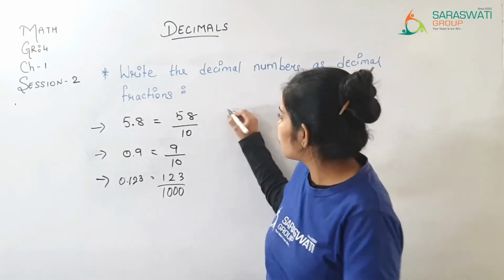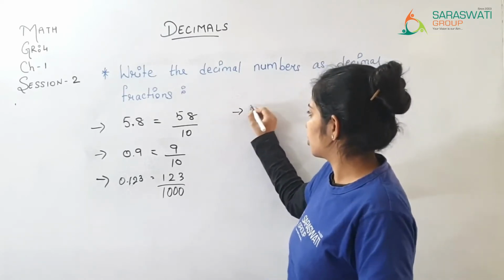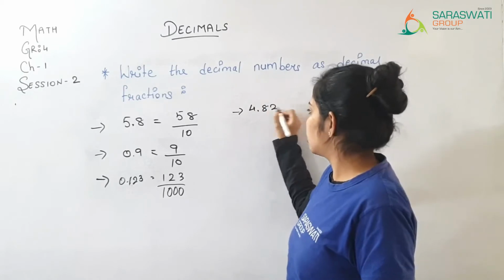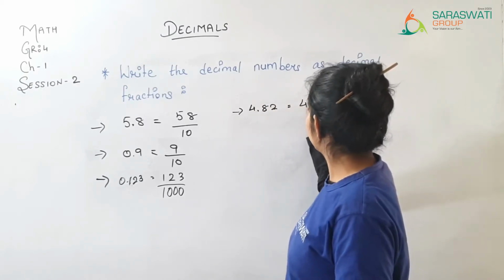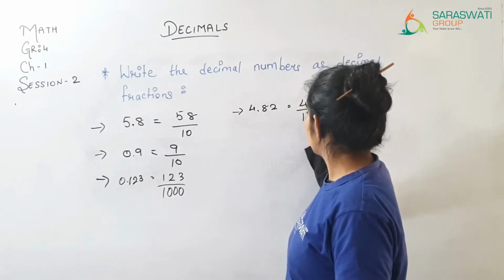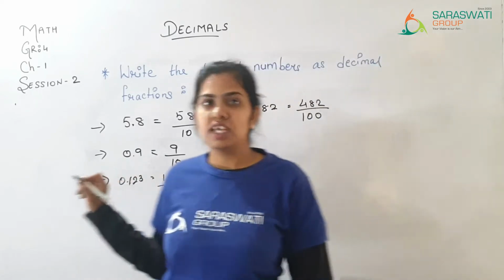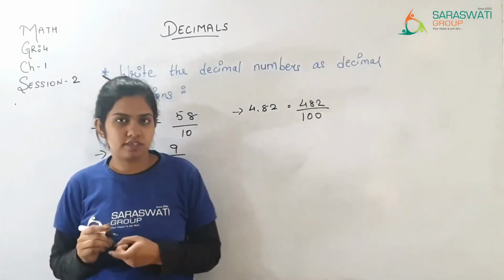Now it is 4.82. How many digits? 2 digits. So 482/2 zeros. जितने digit उतने zeros.